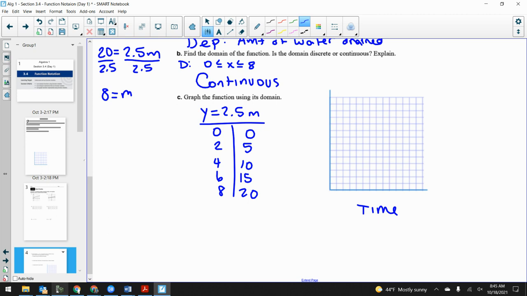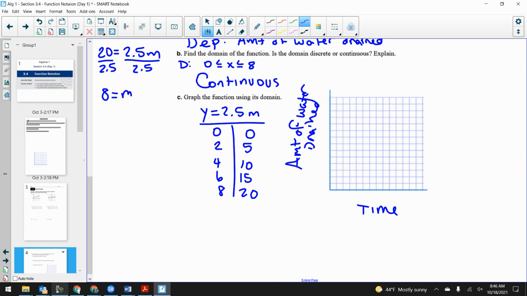Amount of water drained. Now, the reason I don't want to say gallons is because that might imply total amount of water still in the tub, and that could be represented by gallons too. So be specific. And again, the reason why we define our independent and dependent variable is because we're defining what goes on the x-axis and what goes on the y-axis.